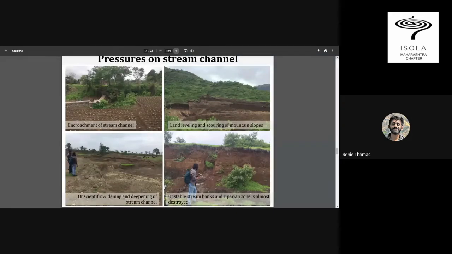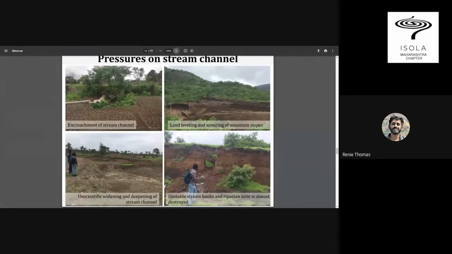Yeah, and especially when we look at streams, we often see something which is free flowing, but that's also not true. There are a lot of issues in rural areas in terms of encroachment of stream channels. Like you see in the top left corner photograph, there is a channel with a small cement dam, but a farmer has literally encroached the stream channel.